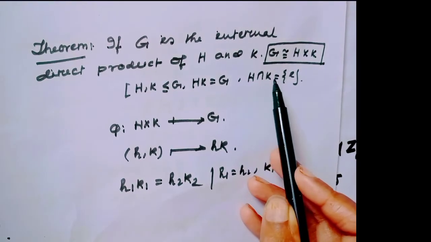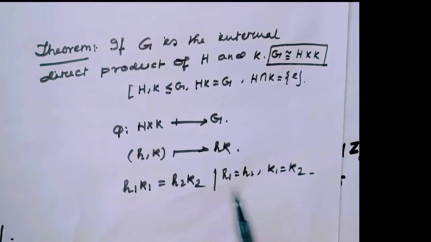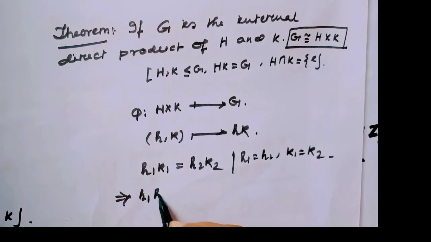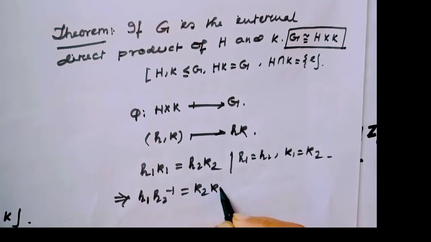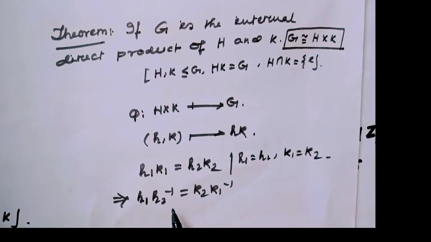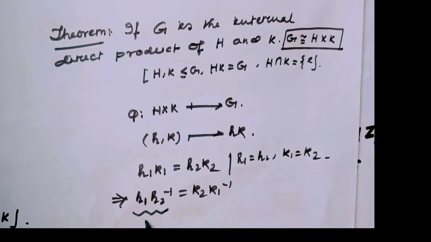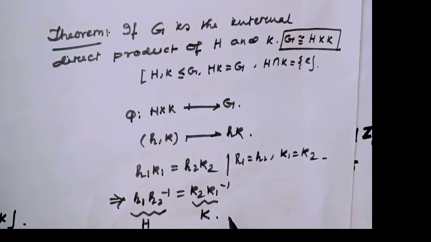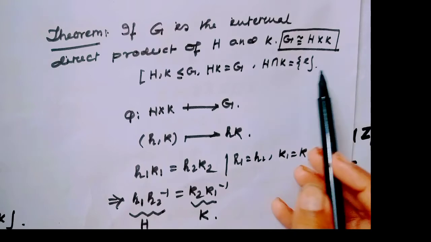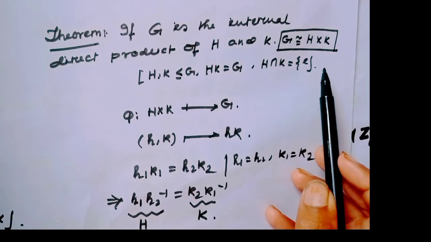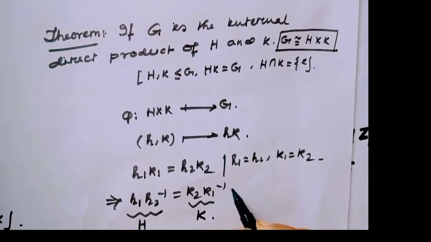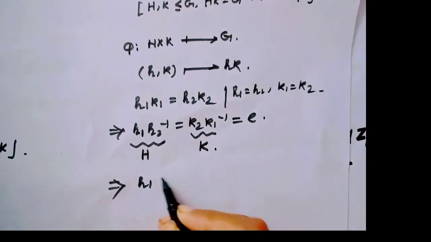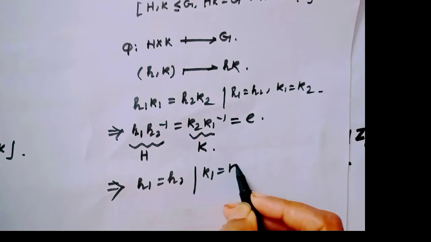Since the intersection of these two subgroups is identity, let's take one side: this would be h1 h2 inverse equal to k2 k1 inverse, and h1 h2 inverse is a member of subgroup capital H and k2 k1 inverse is a member of subgroup capital K. Here since the intersection of these subgroups is identity, this would be identity, and that implies h1 equal to h2 and k1 equal to k2.